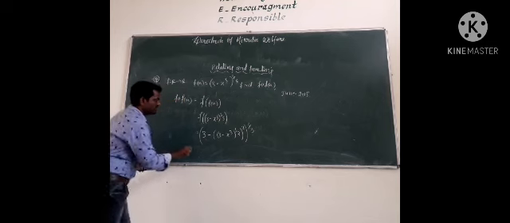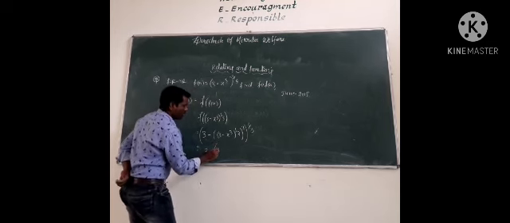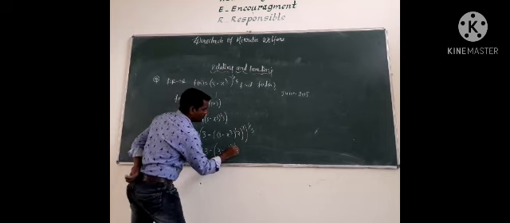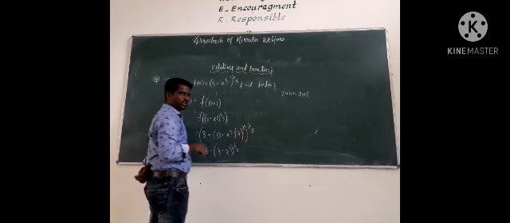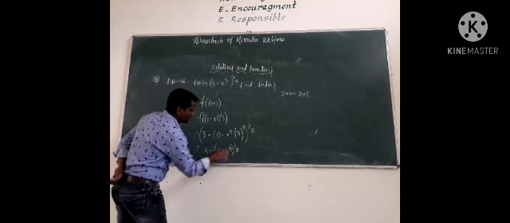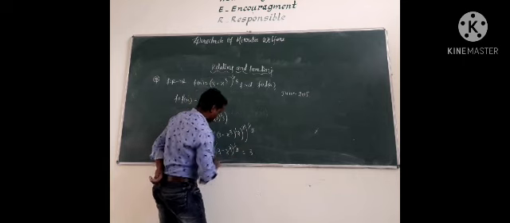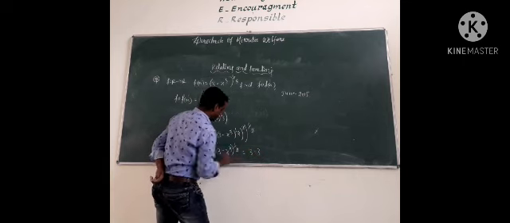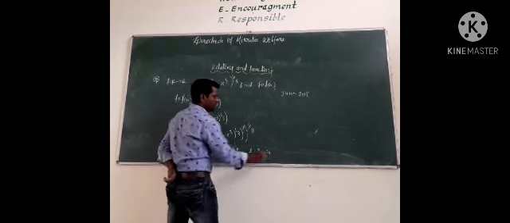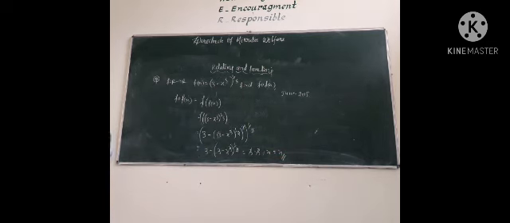Okay. Next, 3 minus x cube whole power 1 by 3. These two are cut. Now these two are cut. This is equal to 3 minus 3 plus x. Minus 3 plus 3 cancel. We have x. This is the answer.